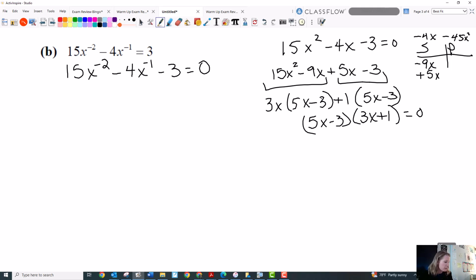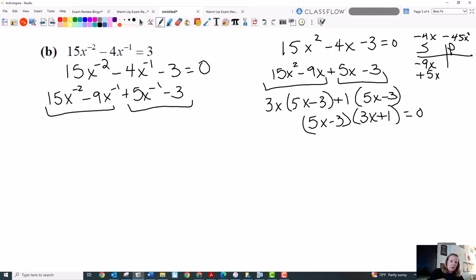Set them both separately equal to 0. But actually, I'm going to go ahead and sub it back in. So I'm going to follow this line, but with these exponents. So I would have 15x to the -2 minus 9x to the -1 plus 5x to the -1 minus 3.